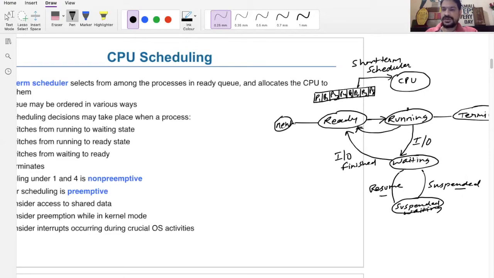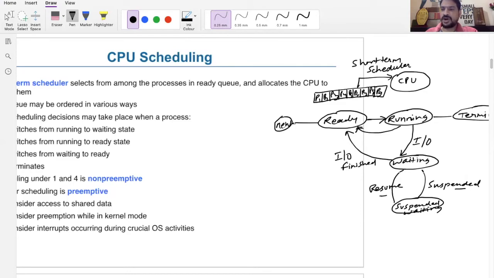Also, if some new priority process has reached the ready state, let's say this is a process P9, if we are using some priority-based scheduling, then whatever is running, it will find out the priority of that.